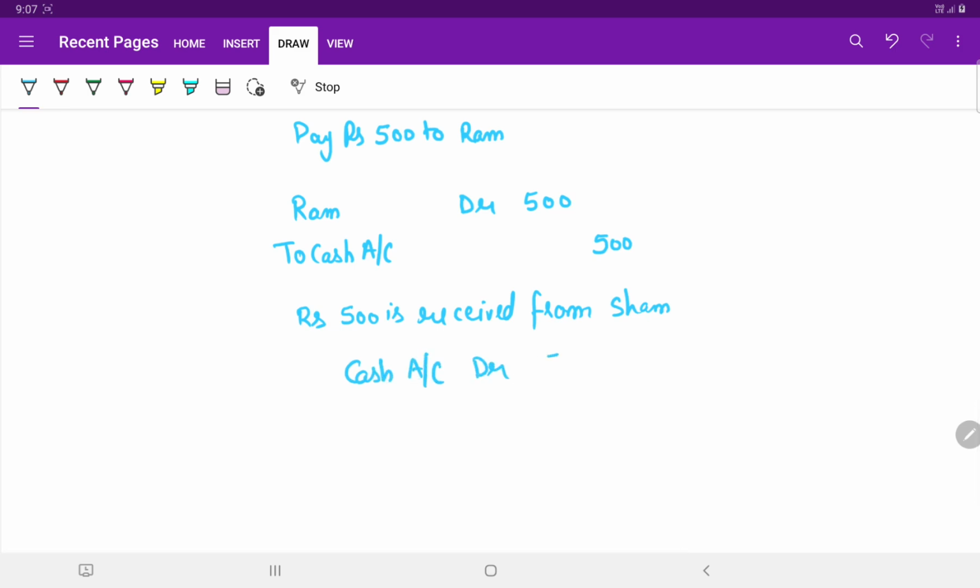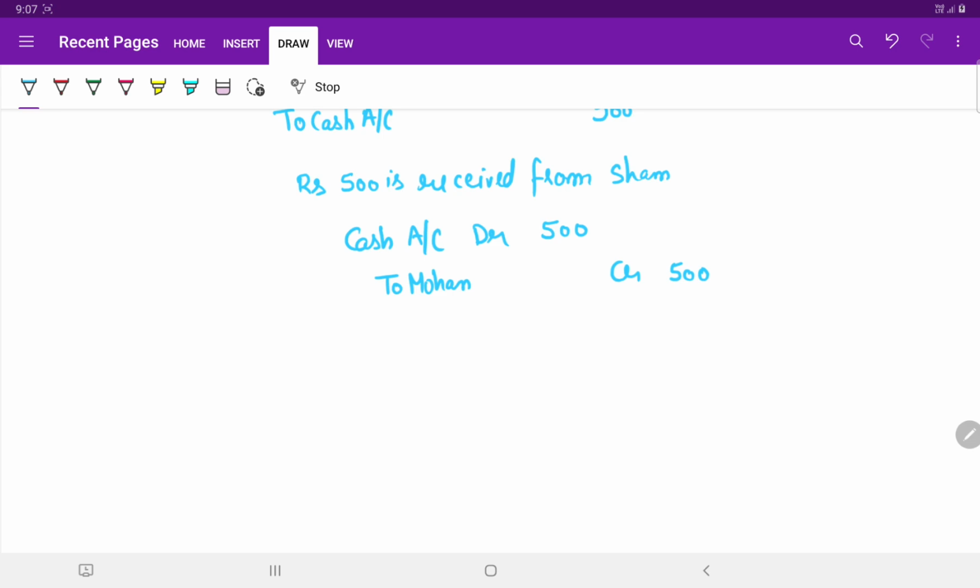It is debited for rupees 500, whereas Mohan's account will be credited with rupees 500. So similarly, for the real accounts, the debit is what comes in and the credit is what goes out.